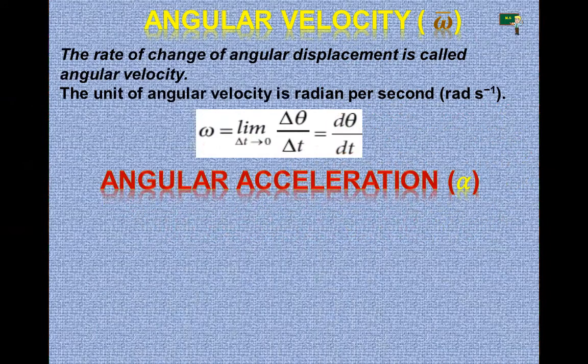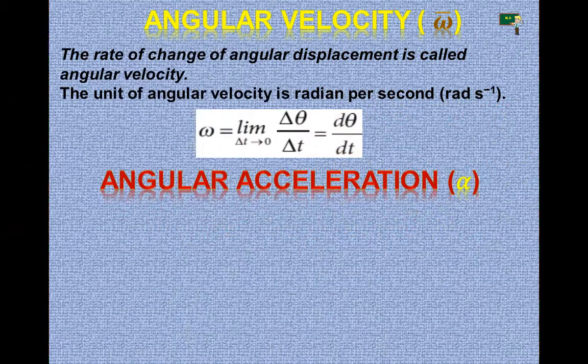And what do we mean by angular acceleration? While a particle is moving in a straight line, you can get the length and measure it in meters. But while the object is in rotational motion, particularly circular motion, the distance traveled is measured by angles.